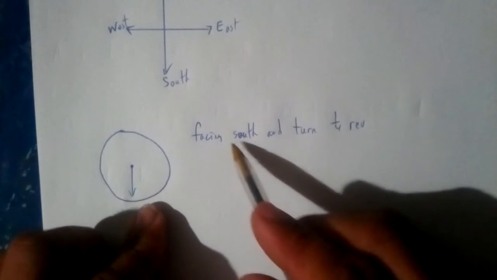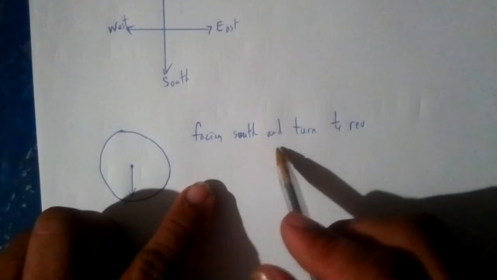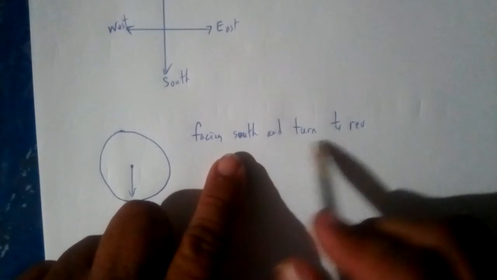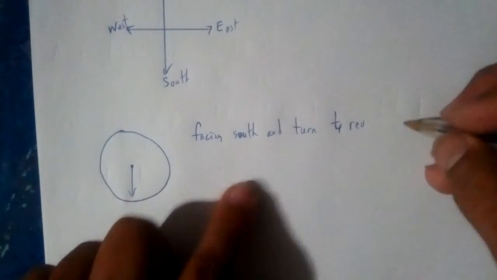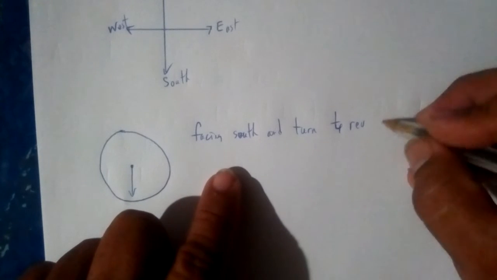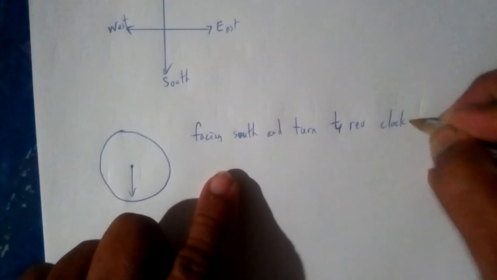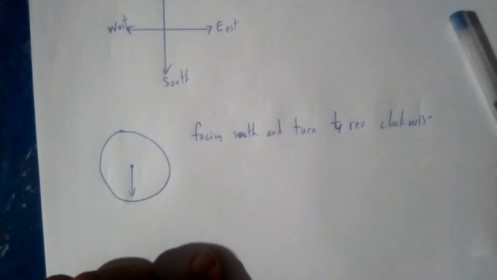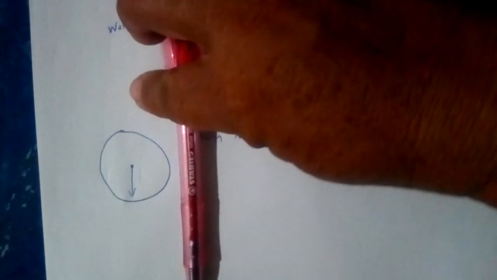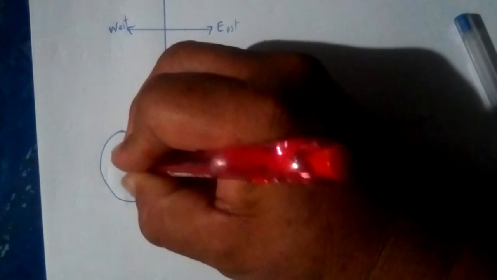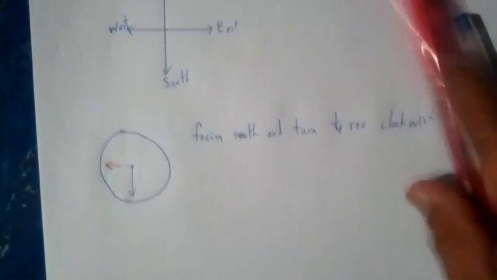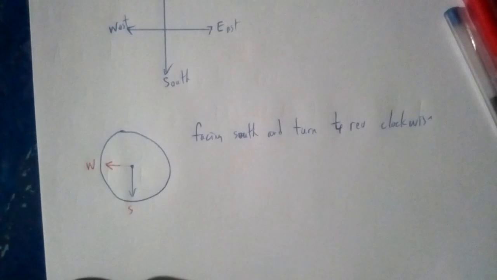Well, if I turn clockwise facing south and turn quarter of a revolution, and that is clockwise direction, that means that I would move from this way and turn in that direction. So therefore my final position or view would be in that direction. So this is south, and therefore I would now be facing west.